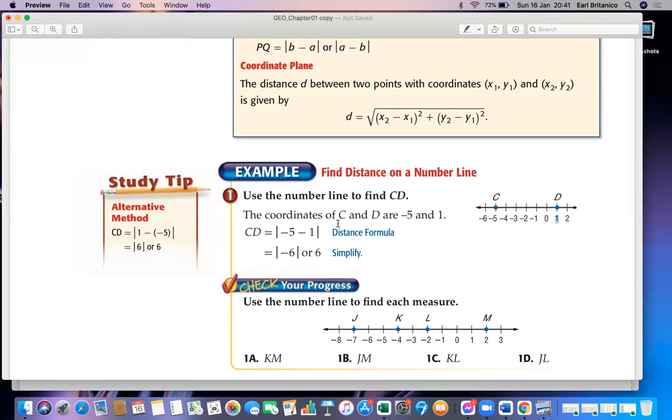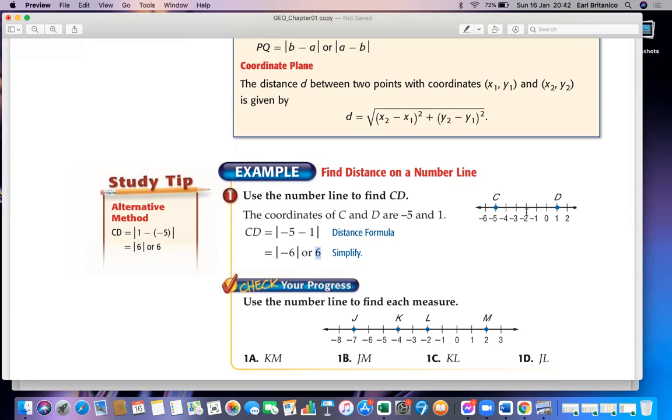The formula says first number minus the second number. So -5 minus 1, absolute value of -6. Therefore, the final answer is 6 without the lines on the side. Okay, you have to write your answer as just 6 without the lines on the side.